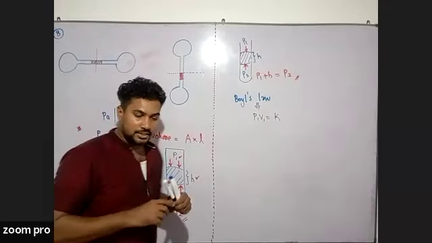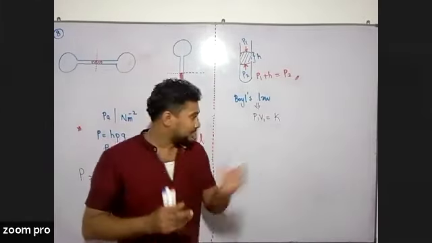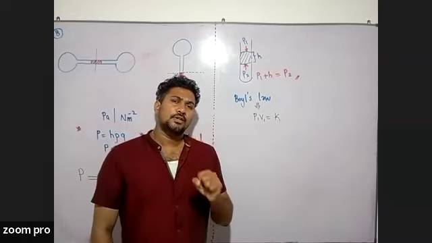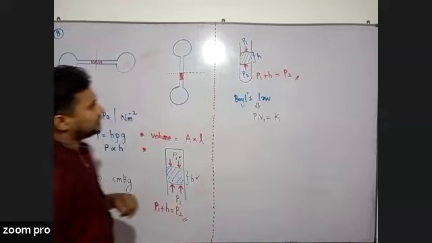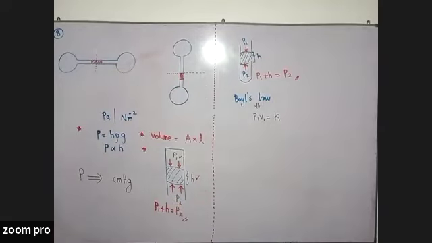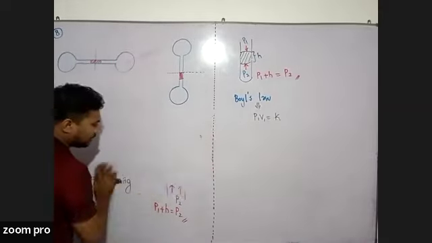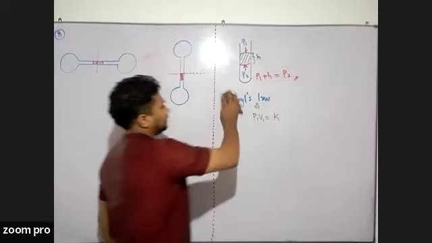The important thing is that when you apply Boyle's law, you have to apply this equation for the same amount of fixed air column. Just keep that in mind. So these are some of the theoretical things which are essential when solving this question. Now let's move on to the question directly.